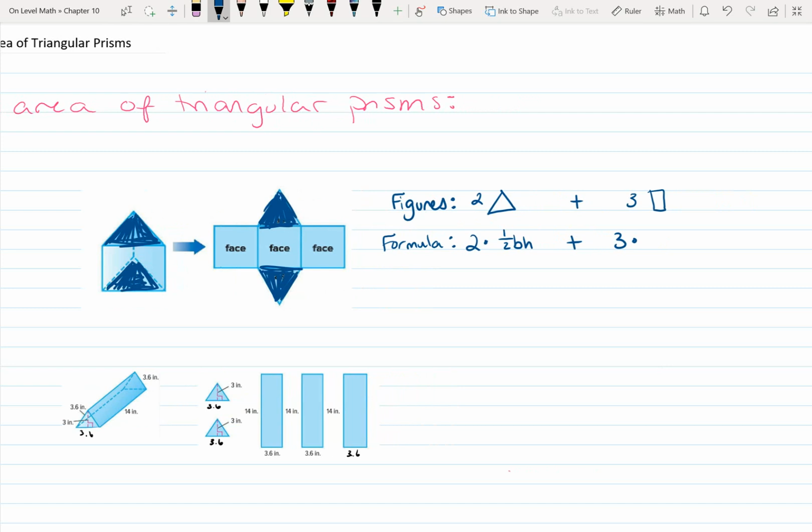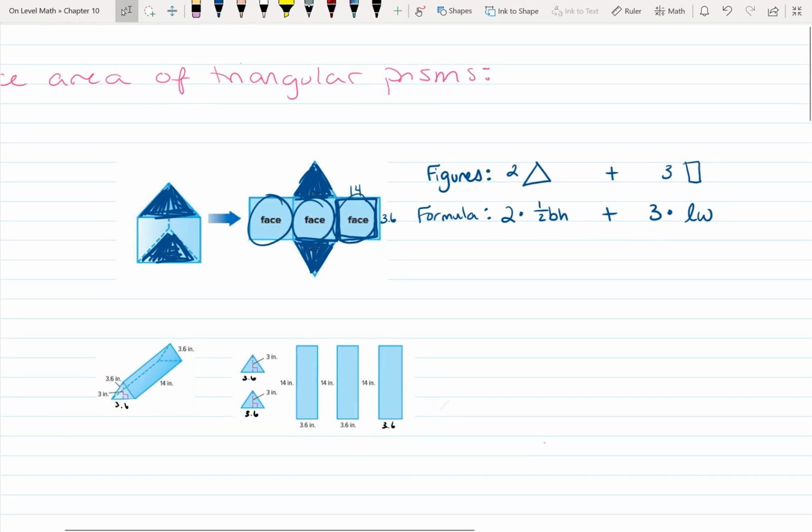So if you know this rectangle is 14 by 3.6, which is what we've got down here, and you know that you're finding this one, well, if you multiply it by 3, you'll get this one, and this one, and this one all together. So 3 times the area of a rectangle is length times width.